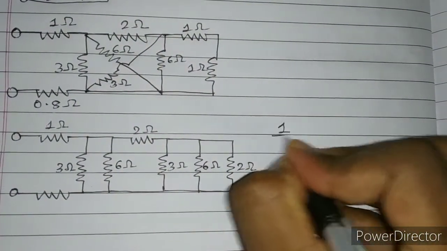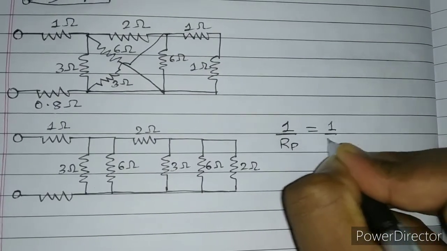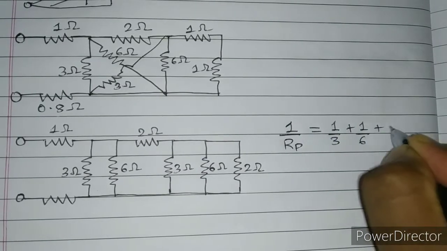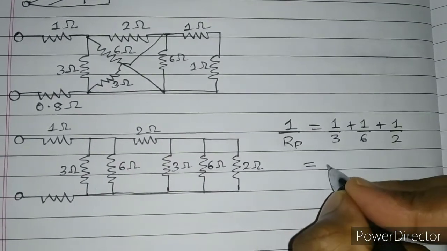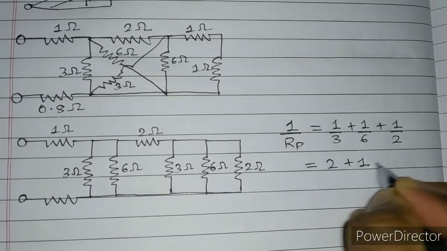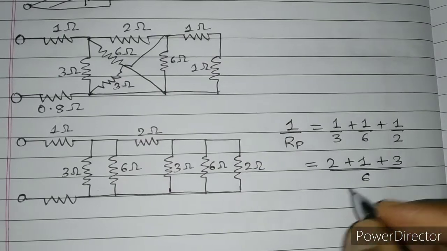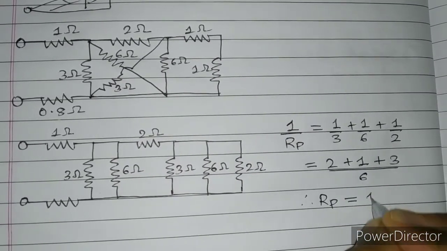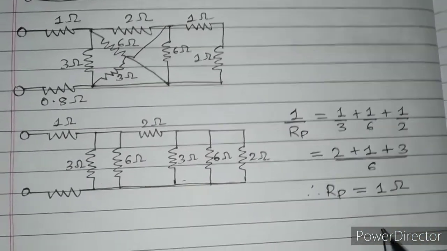Now the parallel equivalent of 3, 6 and 2 will be 1 upon Rp is equal to 1 upon 3 plus 1 upon 6 plus 1 upon 2, which is equal to 2 plus 1 plus 3 divided by 6, and hence Rp will be 1 ohm. So their parallel equivalent is 1 ohm.